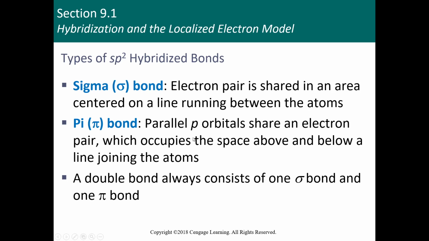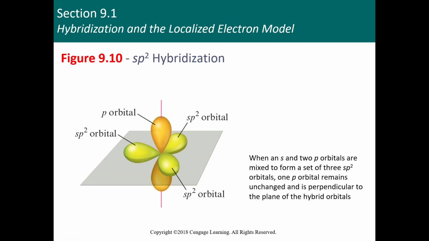Now, in the sp2 hybridized orbitals, you will notice that we did not use one of the p orbitals. And this p orbital can actually do what's called overlap on the side to another p orbital. So if you get 2 p orbitals next to each other, the sides of those p orbitals can overlap, and they can share electrons between them above and below the plane of the atom.